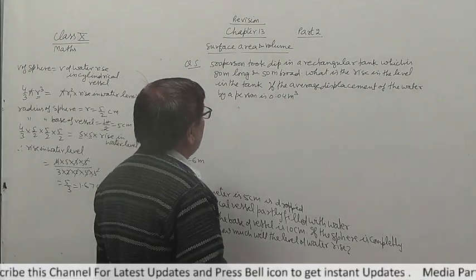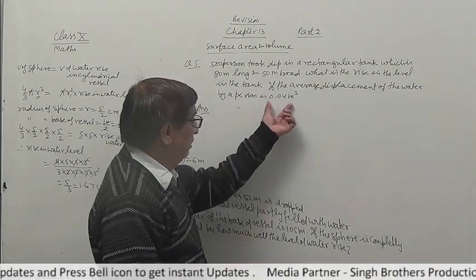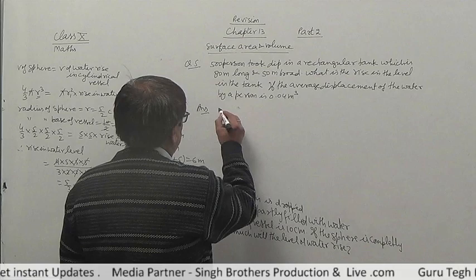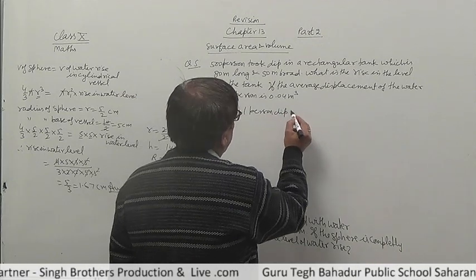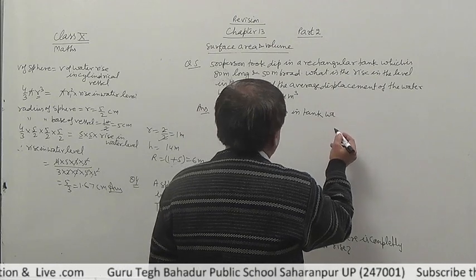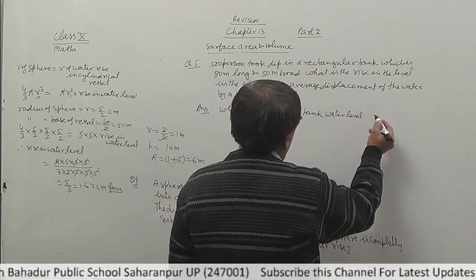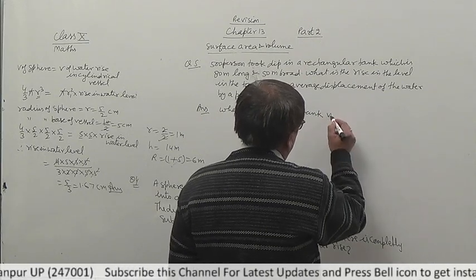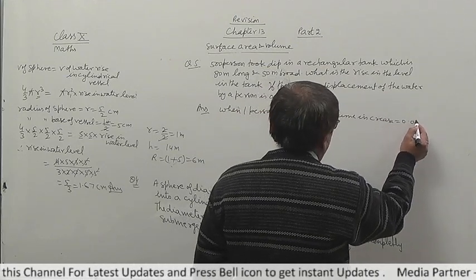So, when one person dips in a tank, the water level increases, the volume increase is 0.04 meter cube.